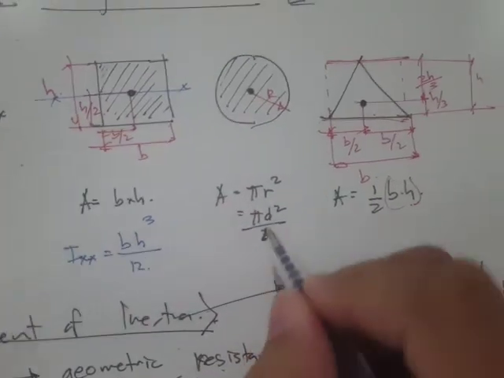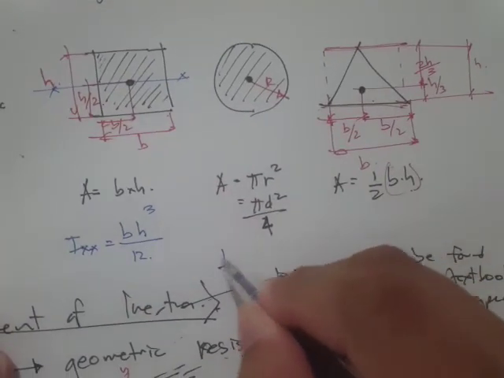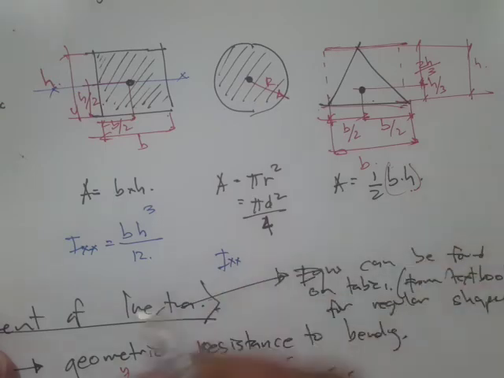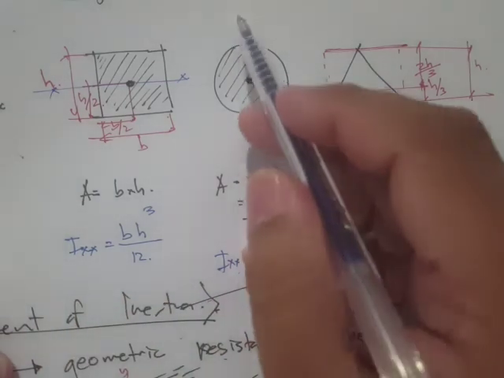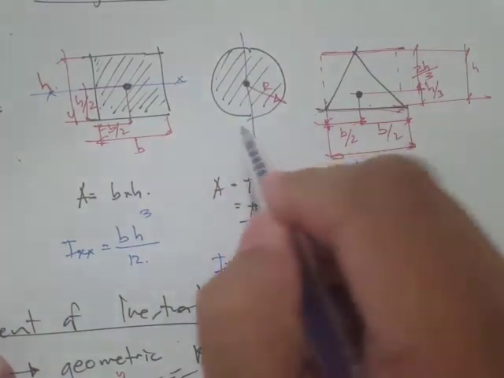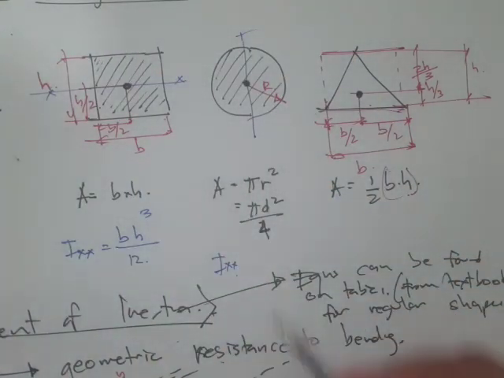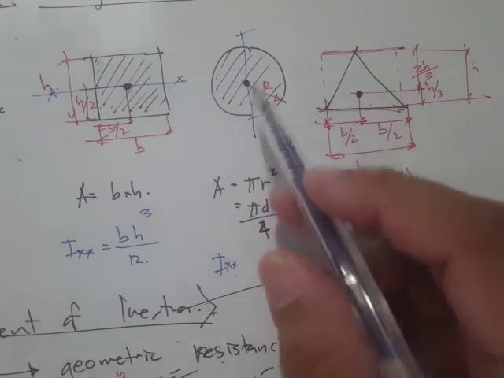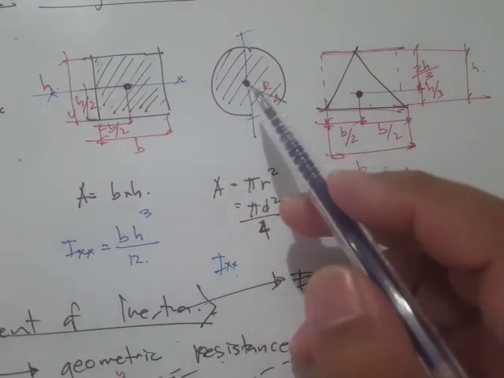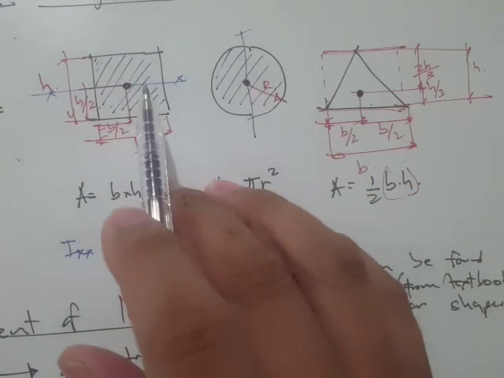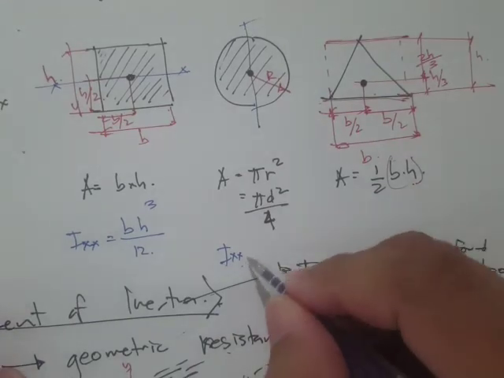For the circle, IXX is the same as if you rotate it along the y-axis, because it is symmetrical about any axis.